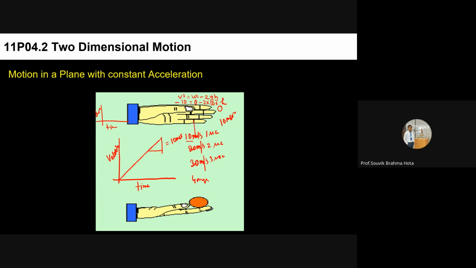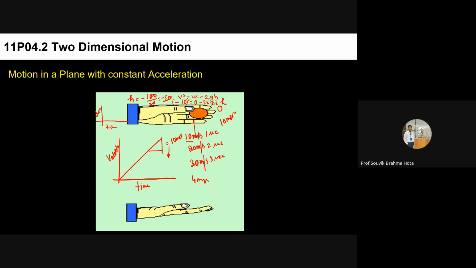So minus 10 whole square is equal to 0 minus 2 into 10 into h. So therefore h will become minus, because it is the downward direction, no problem, h can be negative, displacement negative from that position. So minus 100 divided by 20, so minus 5 meter. So in 1 second it reaches minus 5 meter.